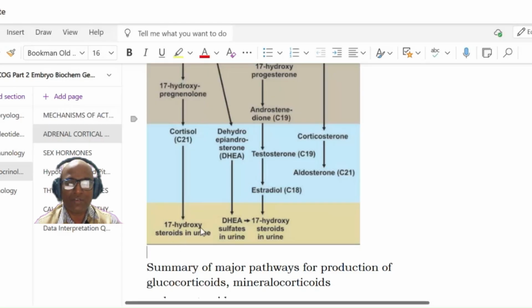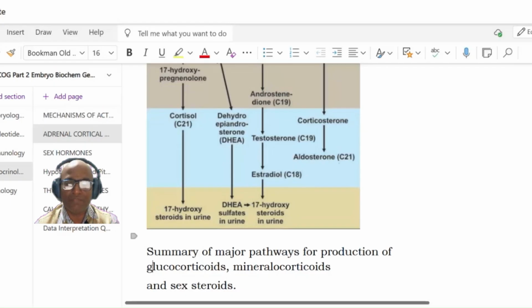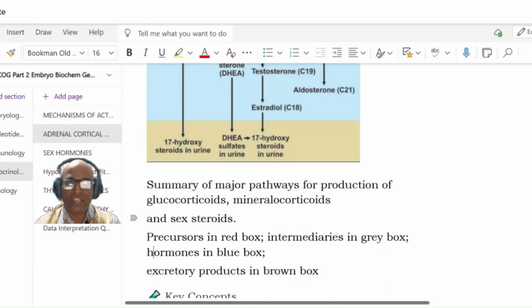You have 17-hydroxysteroid, which is excreted in the urine. Then you have DHEAS, that is DHEA sulfate, and that is also converted into 17-hydroxysteroid in the urine. So this is the summary of the pathway we have discussed, the major pathways for production of glucocorticoids, mineralocorticoids and sex steroids.